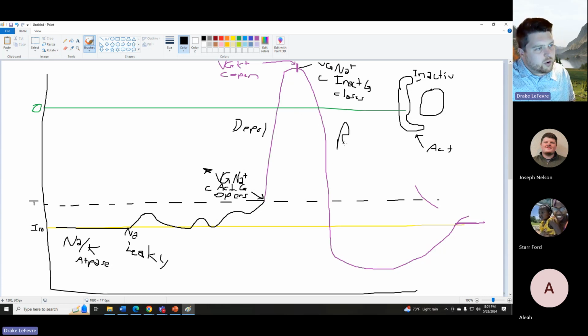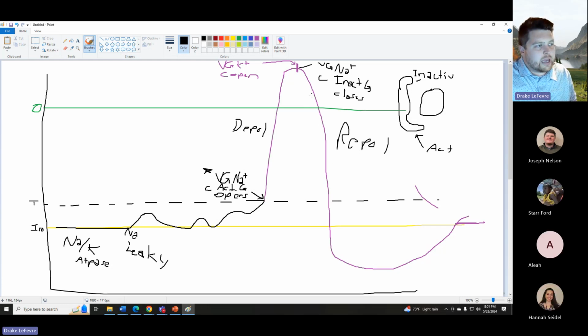Then we get repolarization. Potassium is going out of the cell, out of the cell, all the way down towards the bottom. And finally, our voltage gated potassium channels close.